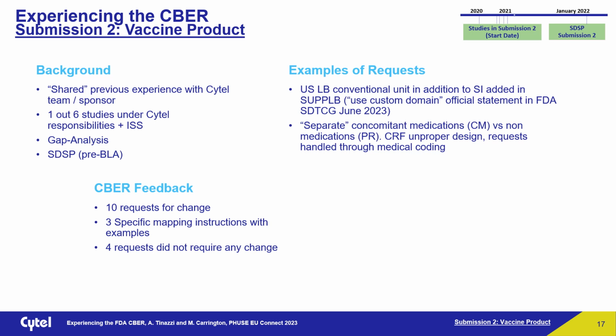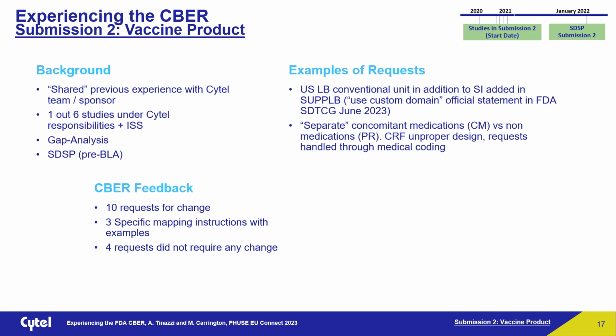In our case, this was already implemented into the meta qualifier of the LB domain, but the recent version of the FDA Study Data Technical Conformance Guidance, if I'm not wrong the one from June, now requires submitting a custom domain. So essentially a copy of the LB dataset, where the standard results are reported using the US conventional unit rather than the standard international unit.